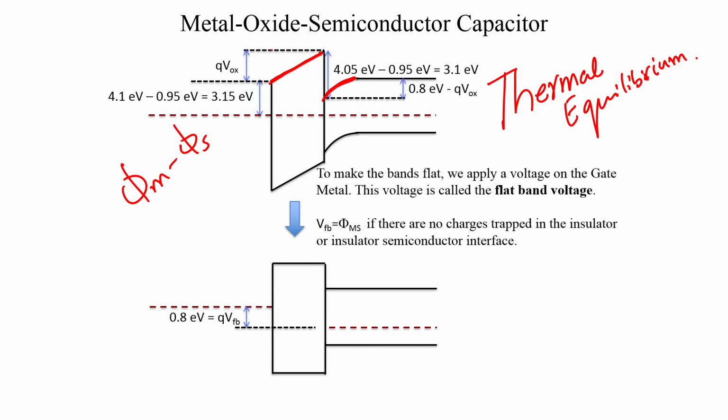I do not know if I am clear enough, but the point is, in order for me to get these bands to be flat again artificially, I need to apply a voltage on the gate. By applying a voltage on the gate, we are essentially going to recreate the initial Fermi level difference.